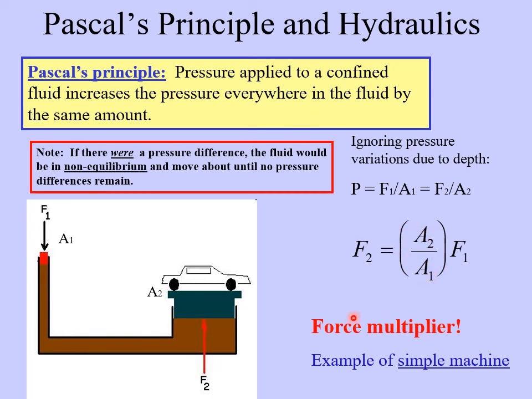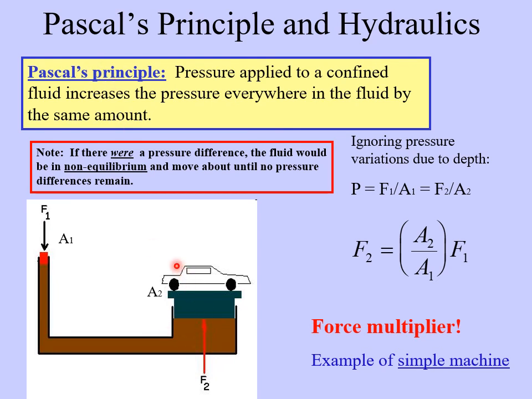This is an example of a force multiplier. And the area of this piston, remember, goes as the square of the radius. So this piston here may be 100 times larger in area than this little piston here. So what that means is this force here is going to have to be 100 times stronger than this force in order for Pascal's principle to apply.